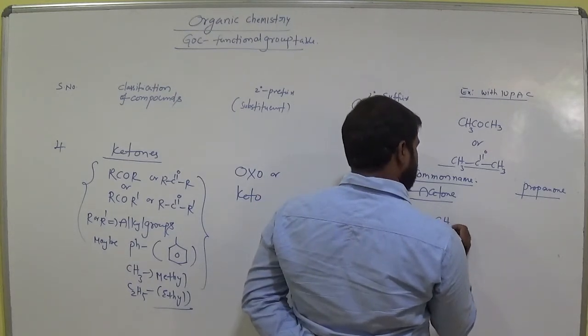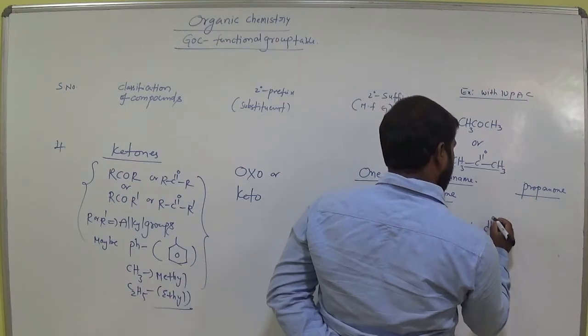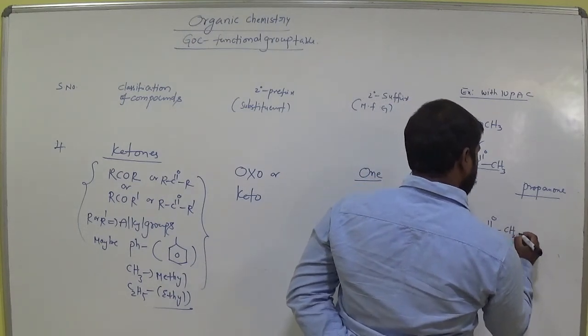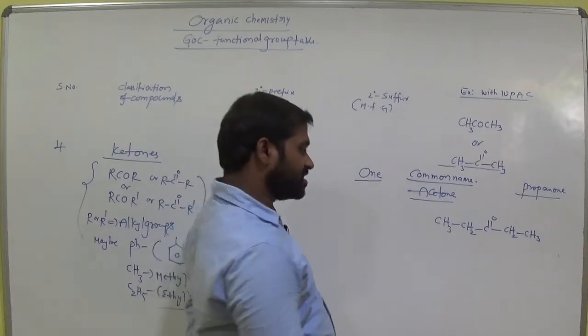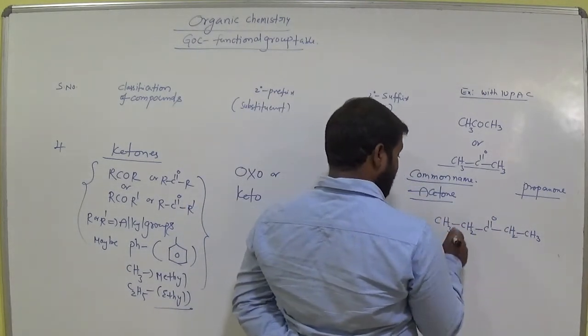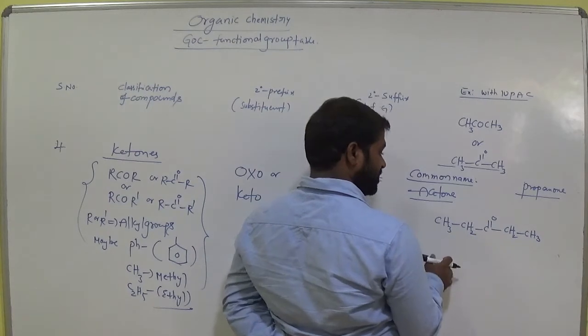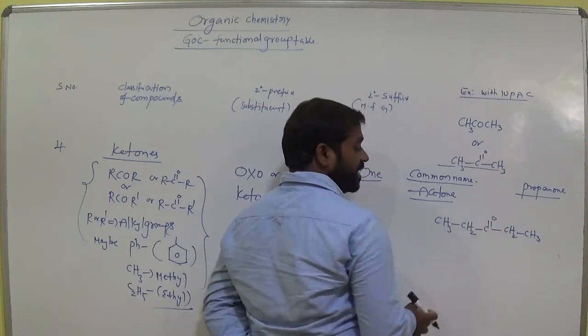Next, write one more example. CH3, CH2, C double bond O, CH2, CH3. So what is the longest carbon chain? This is the longest chain. Is it the longest carbon chain? Now write the numbering. This is the functional group, so it needs to get first priority.